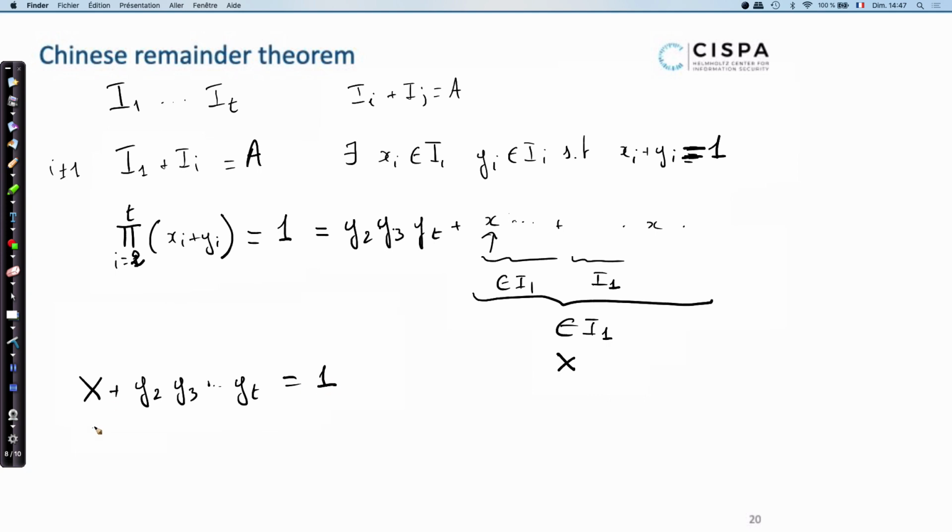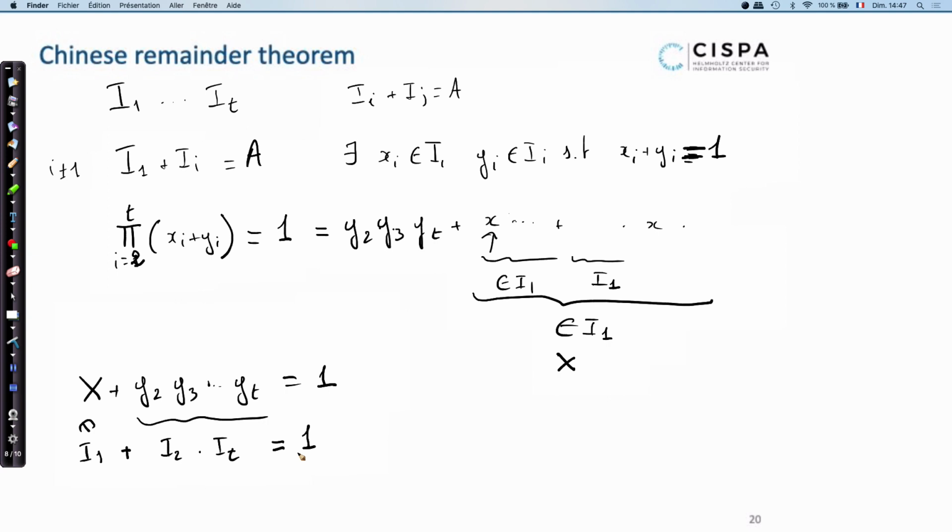And this is in the ideal I1, and this is in the product ideal I2 up to It. So this means that the sum of I1 and the product ideal is 1.